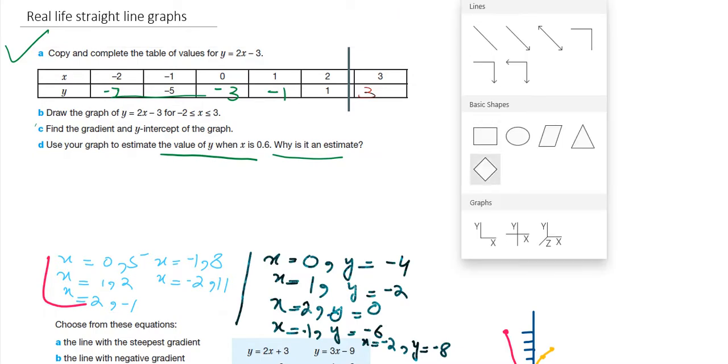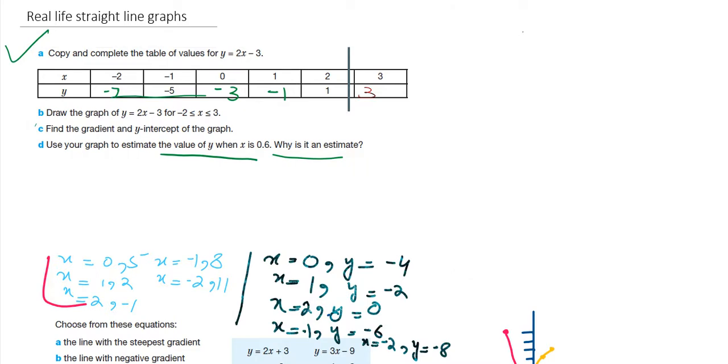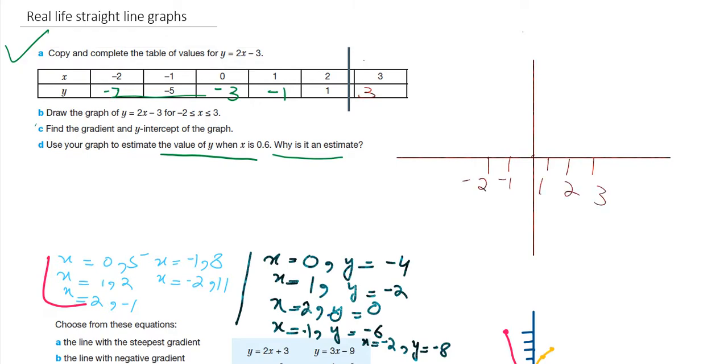Let's take this shape over here, Cartesian coordinate system. So let's draw the graph. 1, 2, 3, 1, 2, -1 and -2, 1, 2, and 3, and that would be 0.